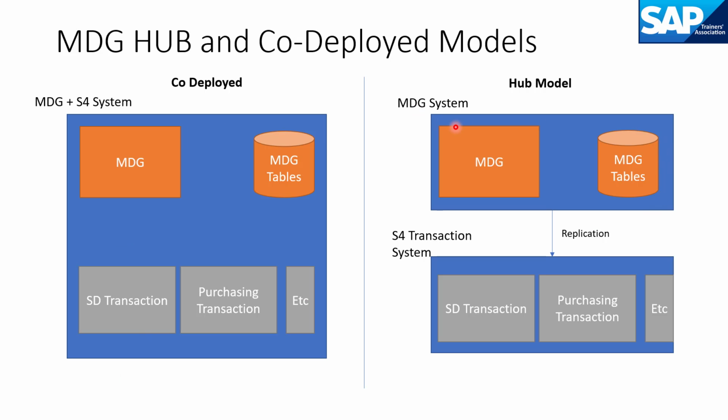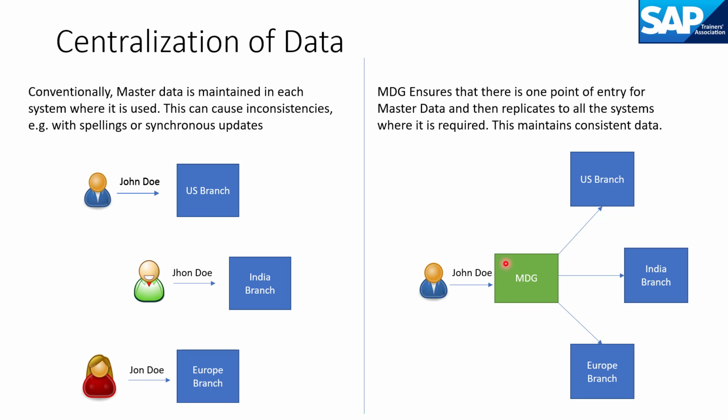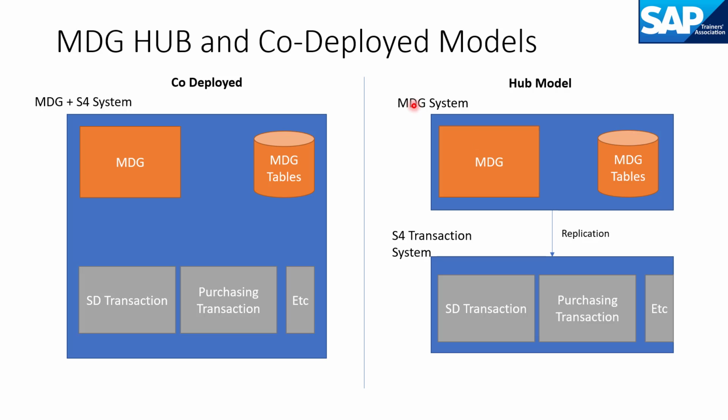One system for MDG and other systems for all your transactions, SD transactions, purchasing, etc. Again, going back, this is what we are talking about: the MDG system, and these blue ones are transaction systems. So we just send data to the others so that their transactions can happen. These are separate SAP systems that businesses have. Okay, this is called the hub model.